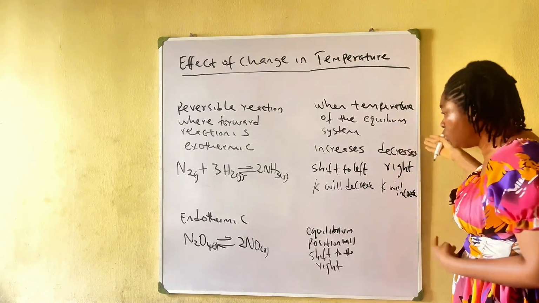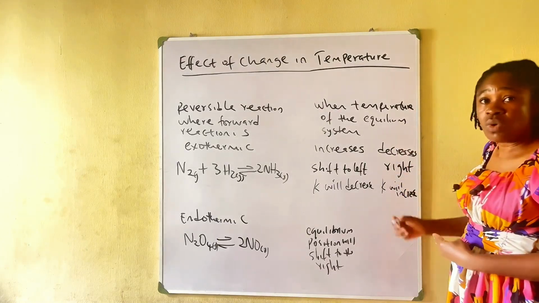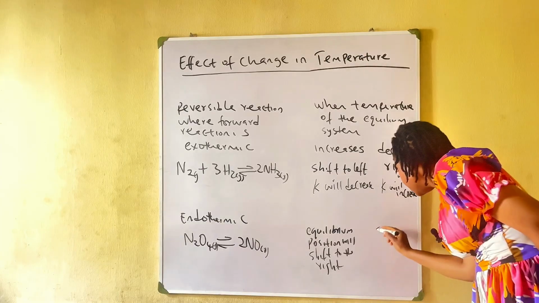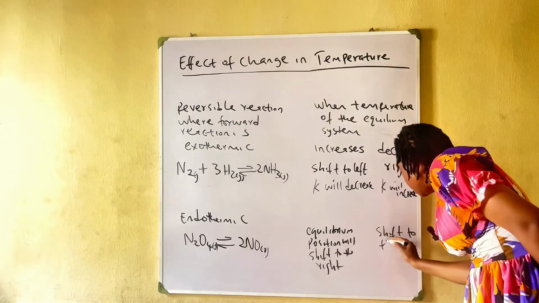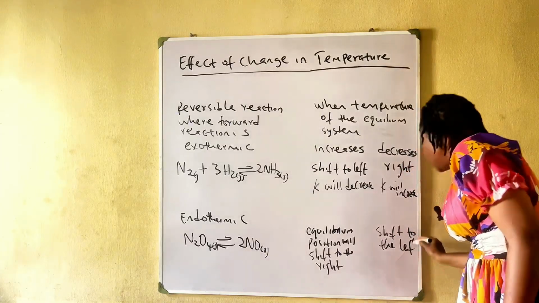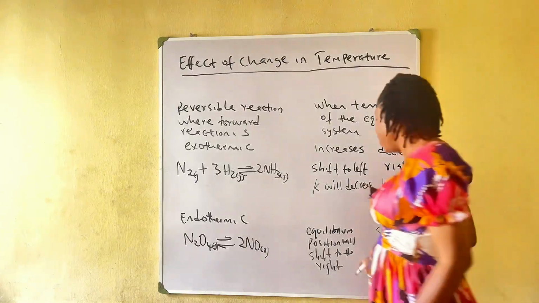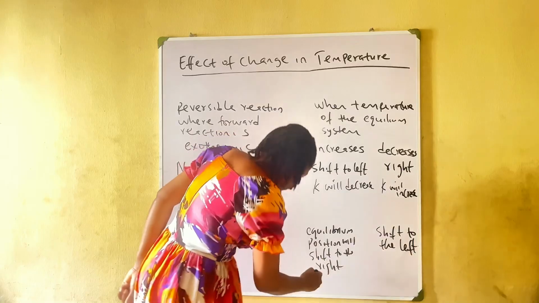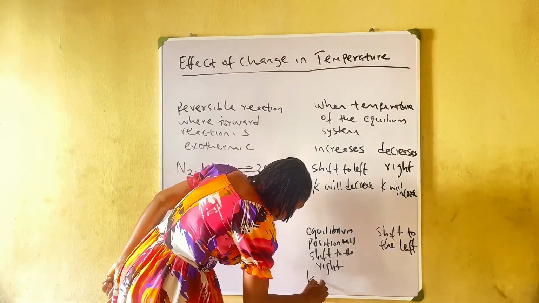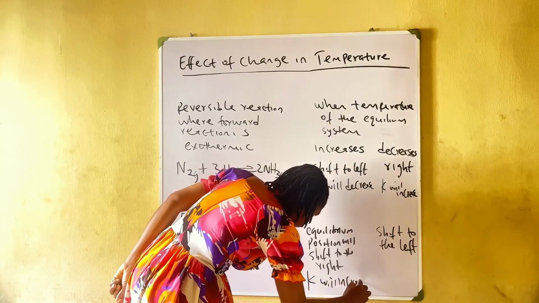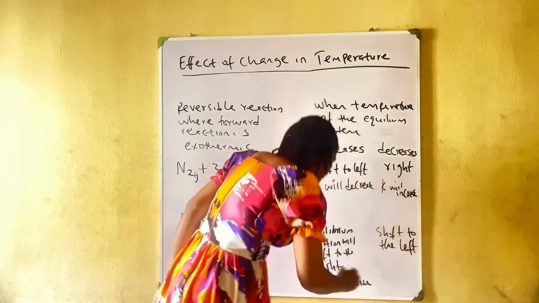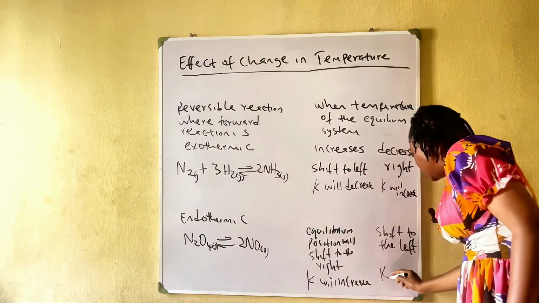The equilibrium position is going to shift to the left. So let's look at the value of the equilibrium constant. When shifted to the right, the value of K will increase. When shifted to the left, the value of K will decrease.